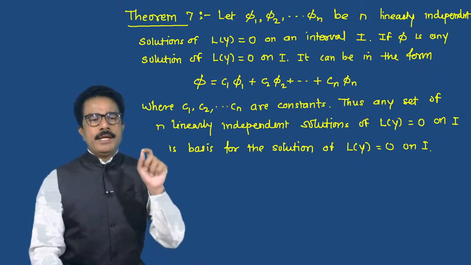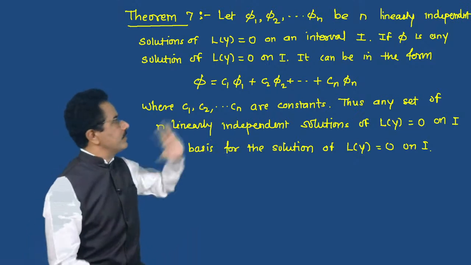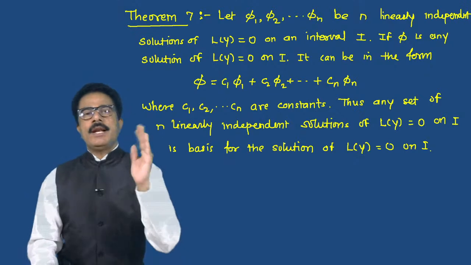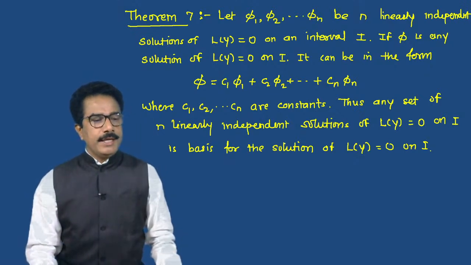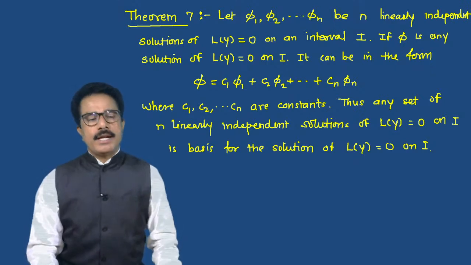Thus, any set of n linearly independent solutions of L of y equal to 0 on I is a basis for the solution of L of y equal to 0 on I.